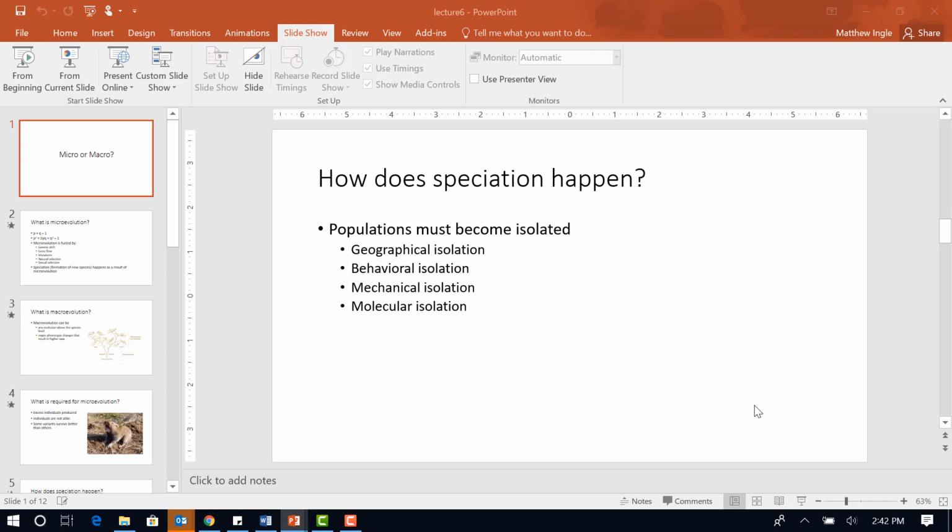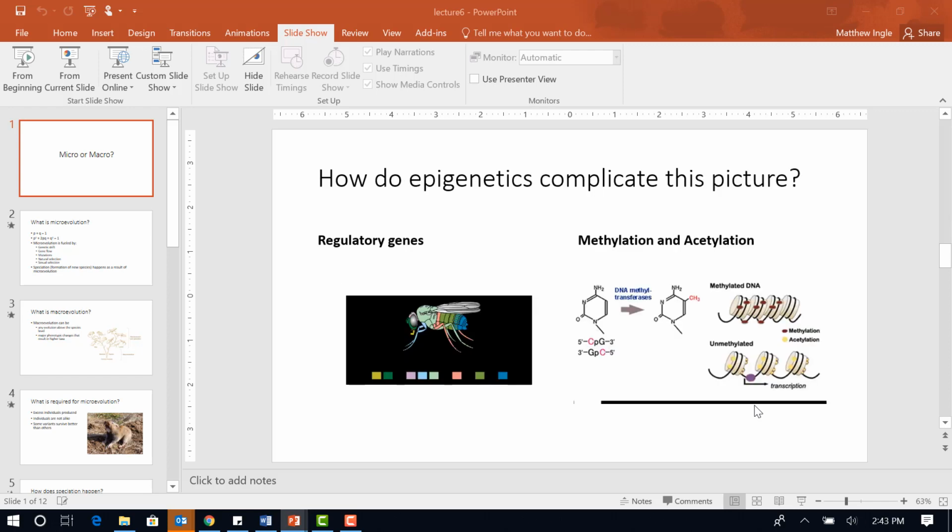This again would probably be due to drift if geographical isolation did not happen before this molecular isolation, some kind of a drift event in a small subset of the population. Maybe they weren't geographically isolated, but they were at the outskirts of the population and experienced some kind of massive change in their genetic information, maybe a massive loss of individuals and genetic potential.